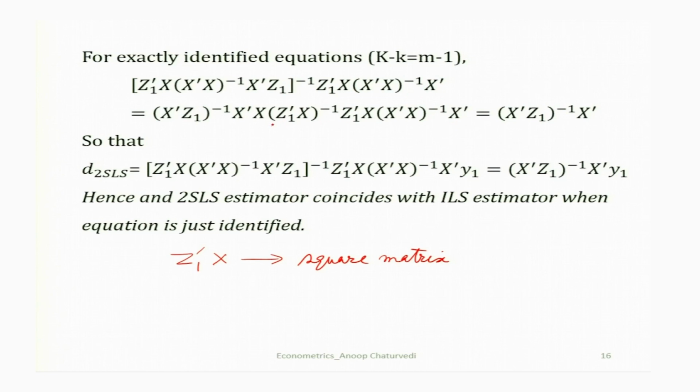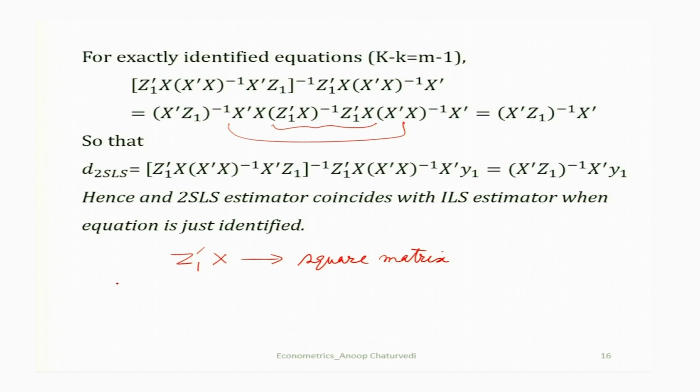So finally, here you get the identity matrix, then if you combine this with this, you get the identity matrix and so on. So you get (X transpose Z1) inverse X transpose. In this case, the expression for the two stage least squares estimator reduces to (X transpose Z1) inverse X transpose y1. So in this particular case, the 2SLS estimator coincides with the ILS estimator. So in case of a just identified equation, the two estimators are identical.